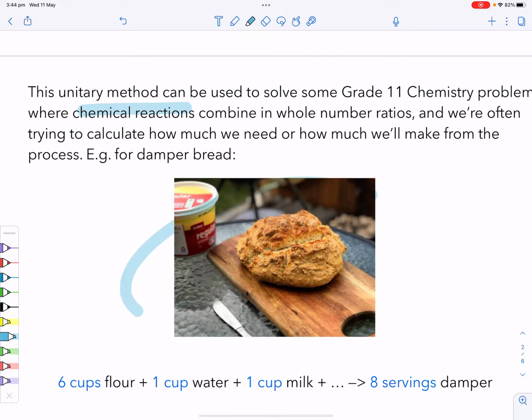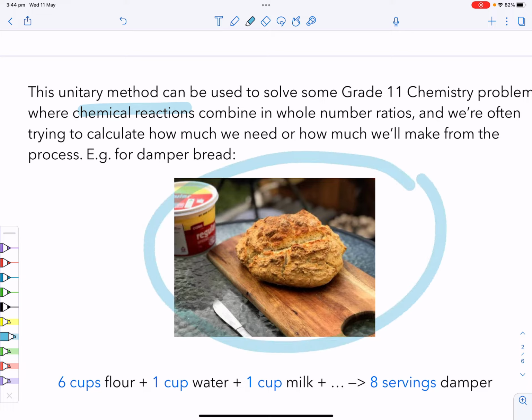So that's why I've got a cooking recipe down here. With a recipe, you often have to combine your ingredients in a certain ratio. Otherwise, you have too much salt or not enough water. The proportions of those ingredients really matter. It also determines how much of the cooking item you're trying to make you're going to get.